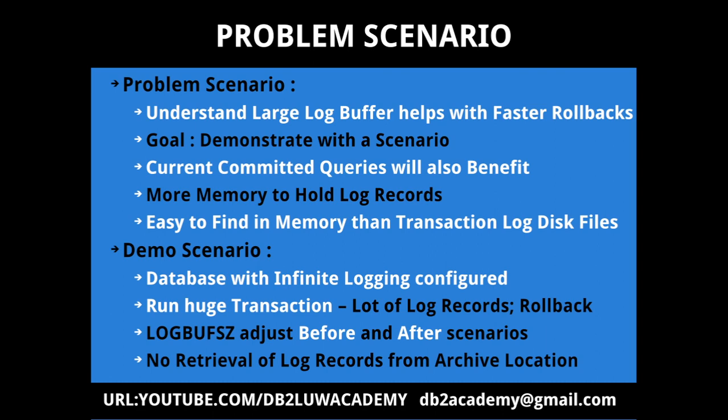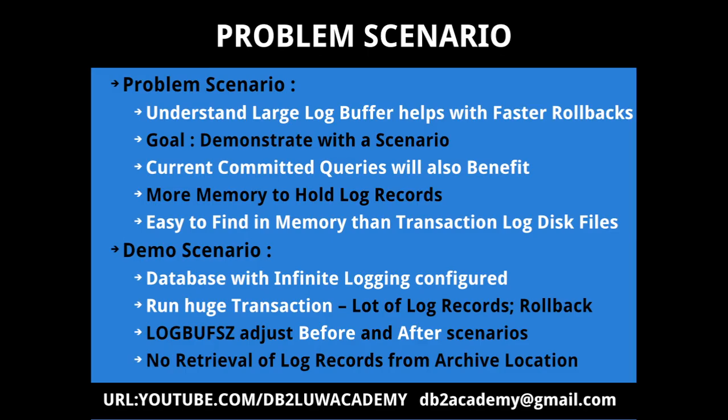Then you run a huge transaction that generates a lot of log records and don't commit it. If the log records are in the log buffer memory area, which you can adjust using the logbufsz parameter, then when you initiate a rollback we don't need to retrieve the log records from the archive location by retrieving the log file. That will not happen if you have a sufficiently big log buffer.